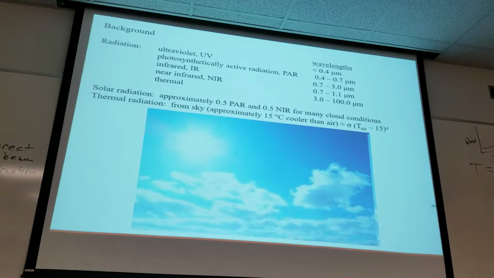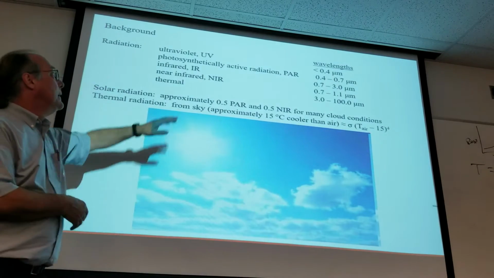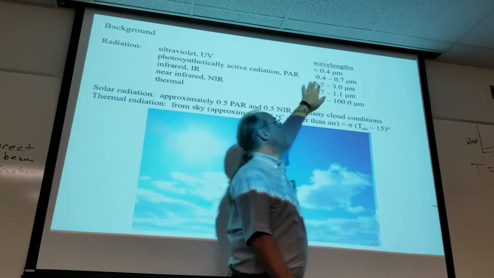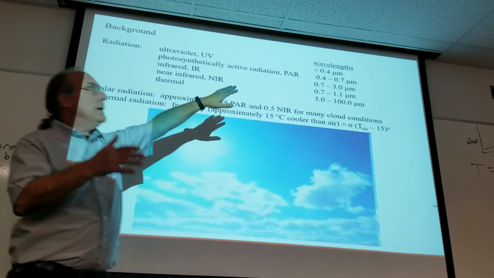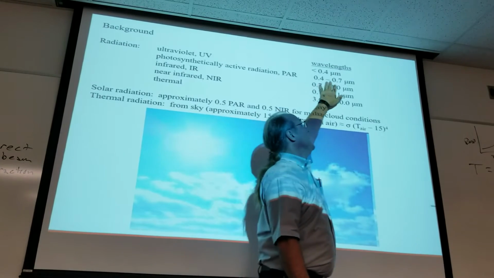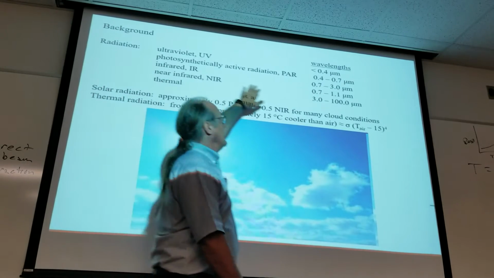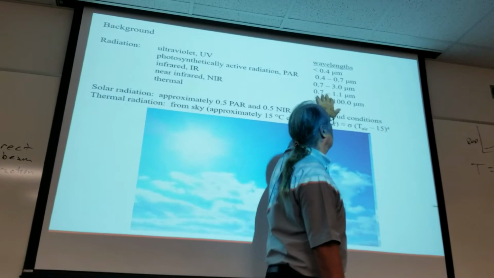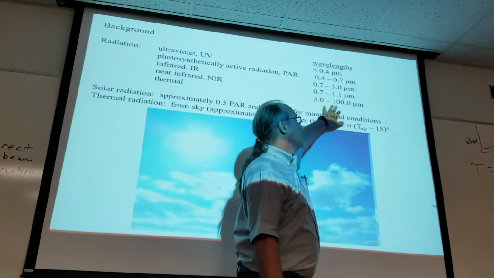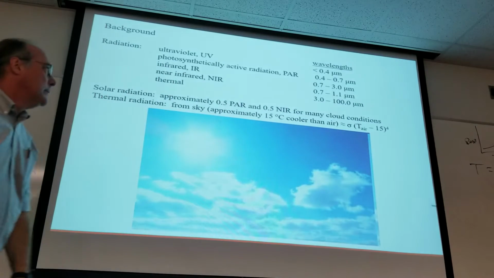The parts of the spectrum that we're going to be interested in range from ultraviolet, that's less than 0.4 microns, so less than 400 nanometers wavelengths, through the photosynthetically active band, 0.4 to 0.7 micron wavelengths, into the infrared, the near infrared, or the close range, close to the visible, and then the farther infrared, including way out here in the thermal part of the spectrum.